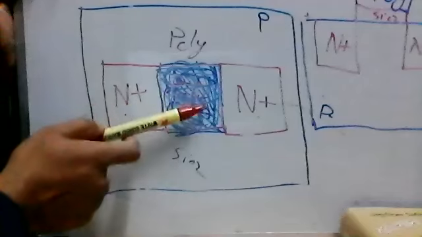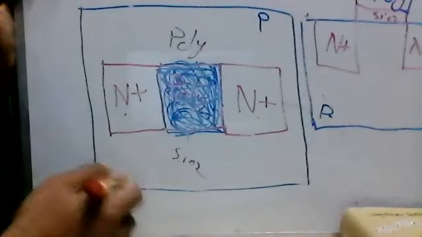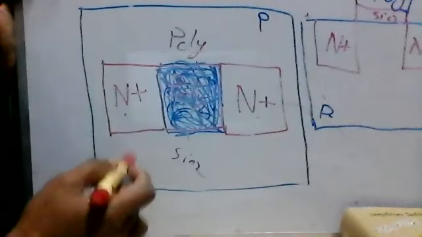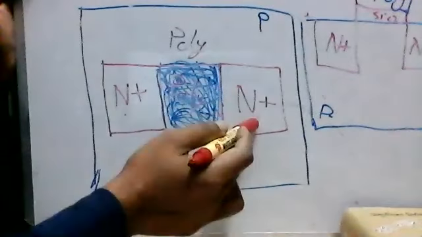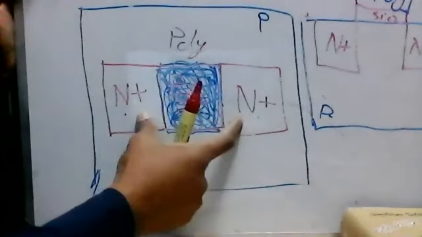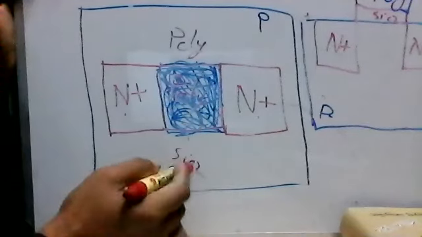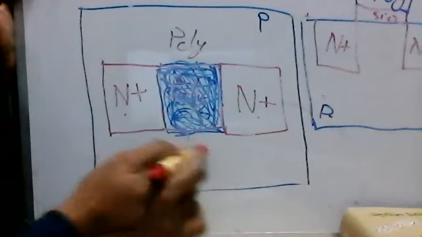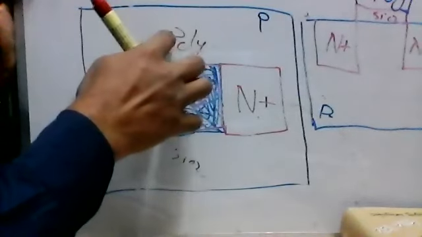material. So now you look at that: the first layer is the P-type substrate, the second layer is the N plus and N plus at the same time, the third layer is the silicon dioxide, right? We put a silicon dioxide, and the fourth layer is a polysilicon.